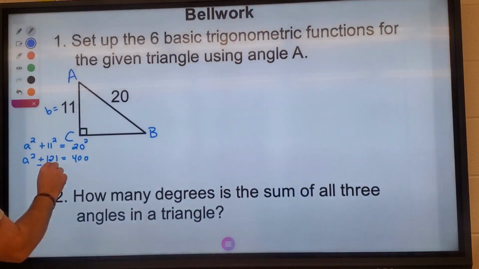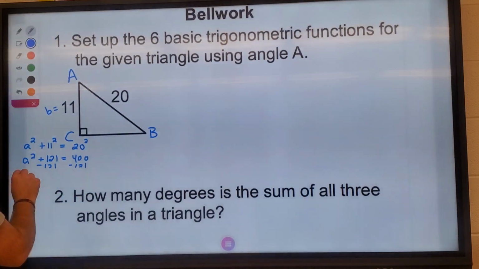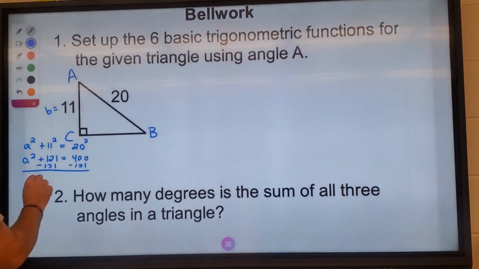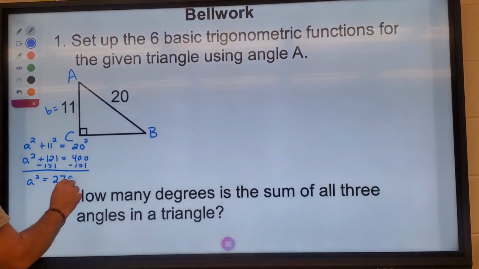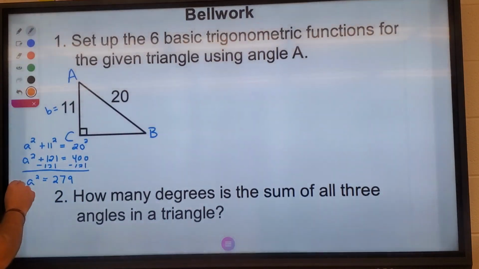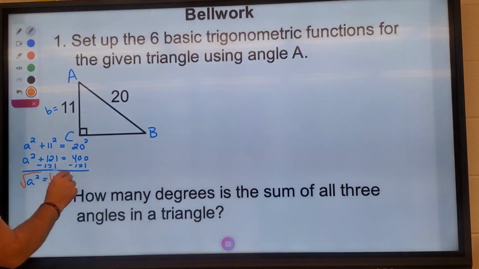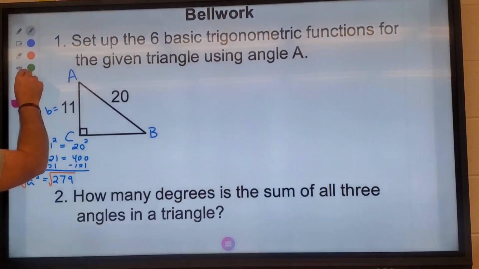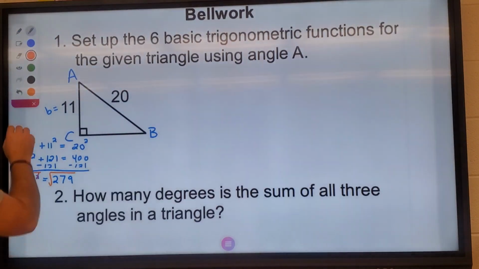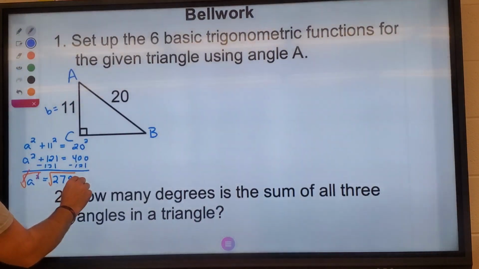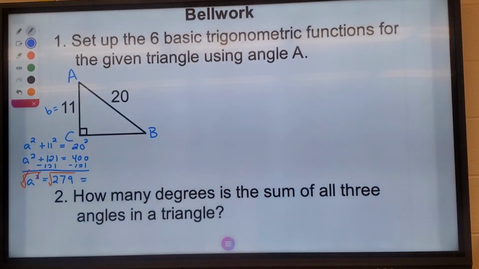Subtract 121 on both sides. We get a squared equals 279. You then take the square root of both sides, and again, we're looking to see if we have a perfect square. 279 is not a perfect square, however, it can be simplified.